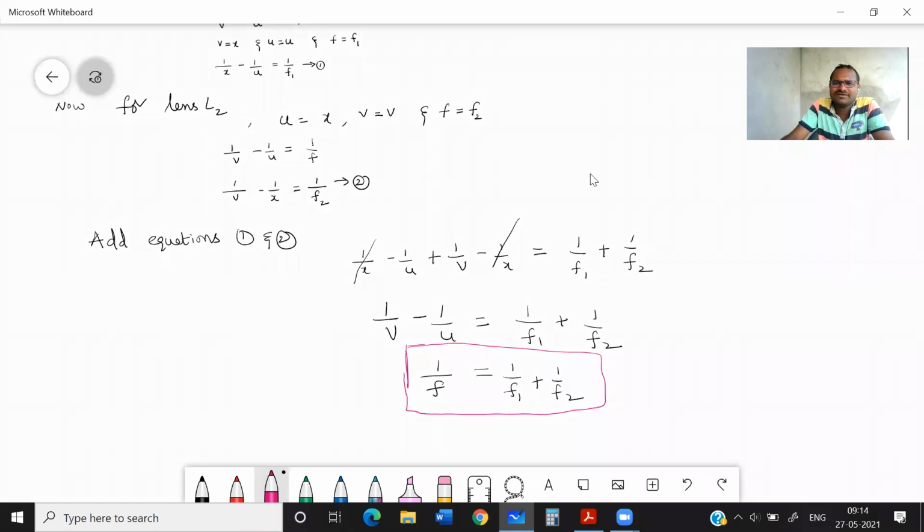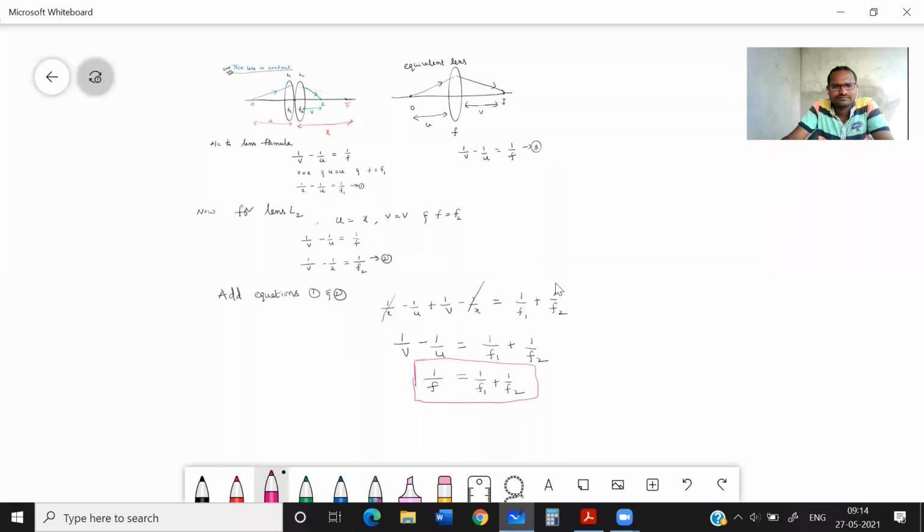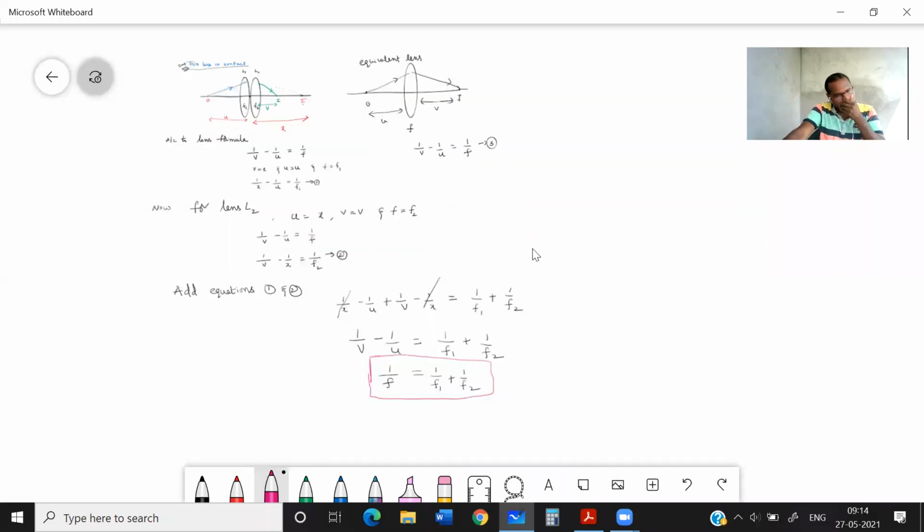So any doubt in this derivation? Good. 31 are there. Good.